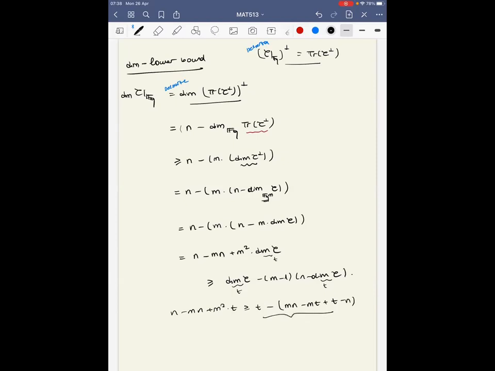Indeed, this is going to be t minus mn plus mt minus t plus n. So if we also cancel these quantities, we can see that m squared t is bigger than or equal to mt, and then we can verify this last inequality.